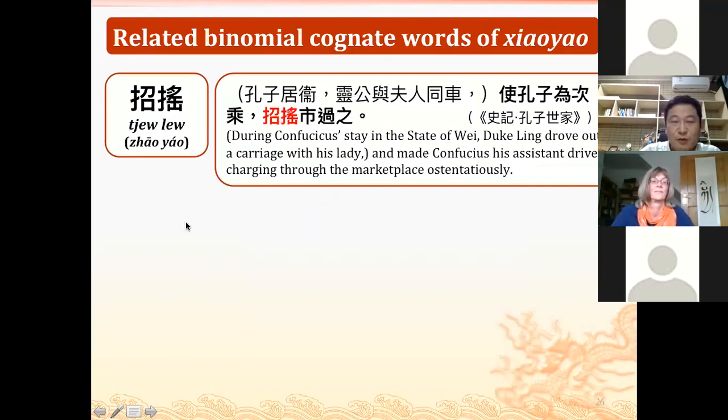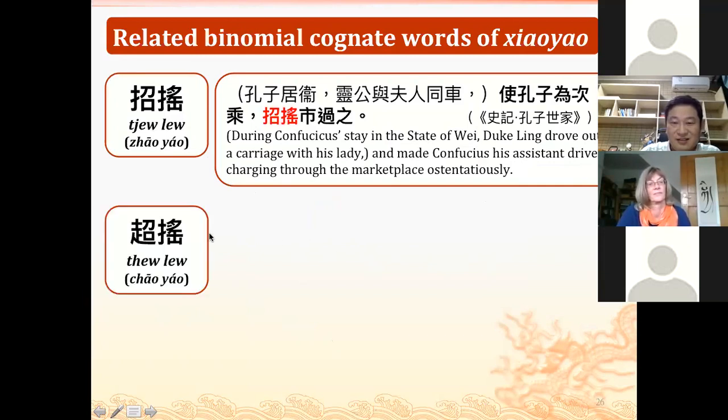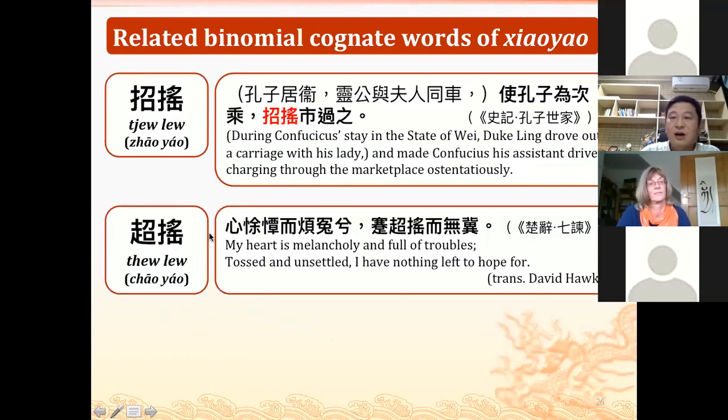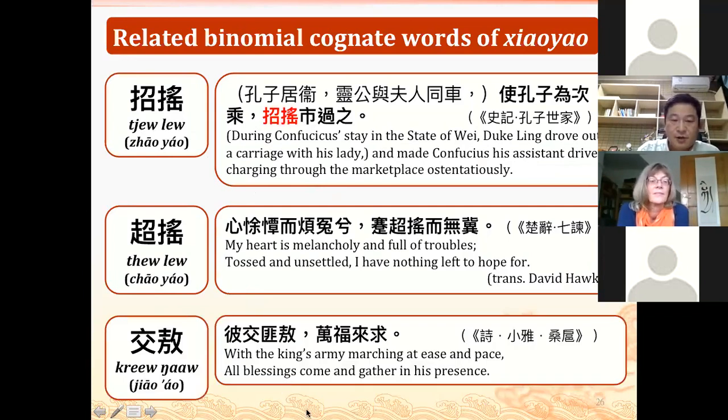Similarly, from this binome family, we also found other binomes, for example, 超摇 and 招摇. 超摇 is in the Chu Ci, the Lyrics of Chu, and 招摇 in the Records of the Grand Historian, and 骄傲 from other poems.